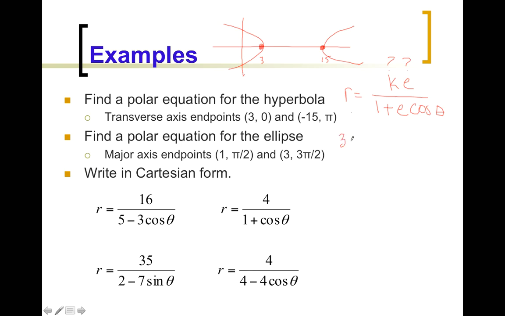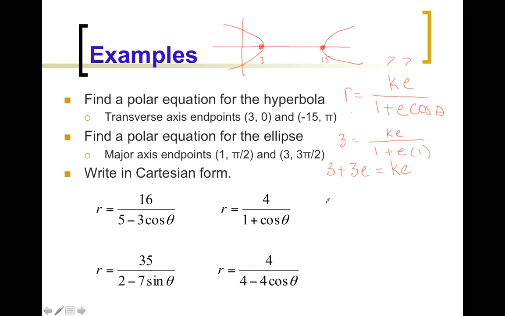So I'm going to use that to our advantage. I'm going to say that 3 is equal to ke over 1 plus e times cosine of 0. Cosine of 0 is just 1. And I'm going to get rid of this fraction by cross multiplying. 3 plus 3e equals ke. Then I'm given a second point, so let's use that.